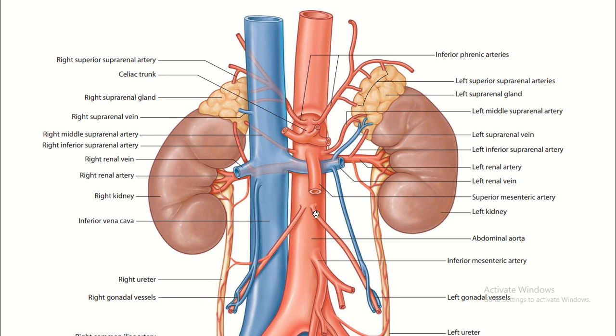And then take note, as for your innervation, the kidney only receives sympathetic innervation, it does not receive parasympathetic innervation. So the kidney receives sympathetic innervation, doesn't receive parasympathetic innervation, right?